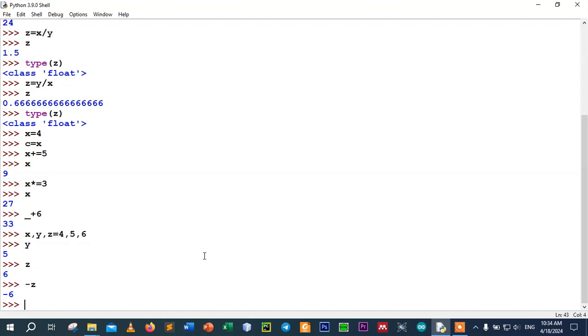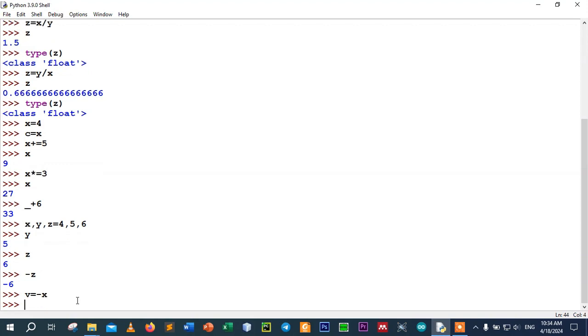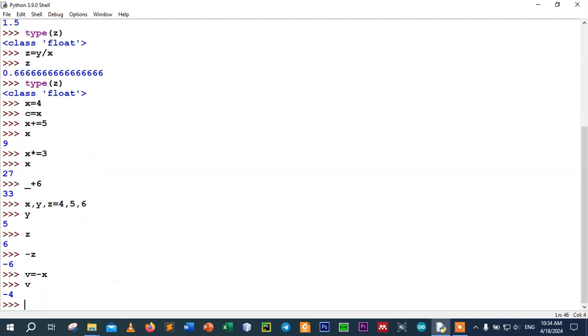For example, v is equal to minus x. Here, minus x, the minus is a unary operator. V is equal to minus x means it is an assignment operator, while minus x by itself is a unary operator. Now display v: minus 4. Like this, we can play with the unary operator.